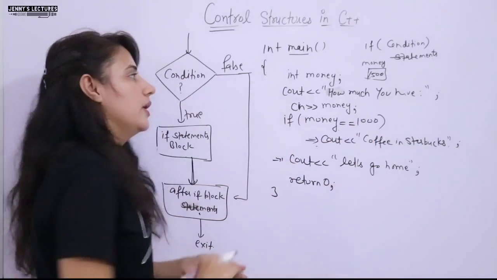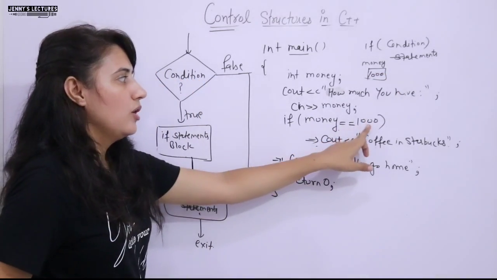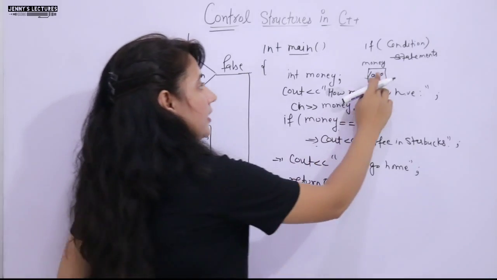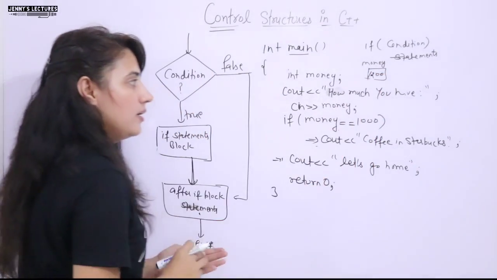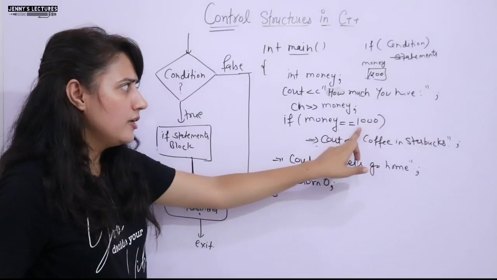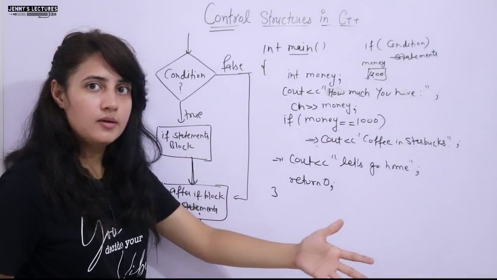Now it is fine. If money is 1000, money is equal to 1000, obviously the condition is true, enter into this, coffee in Starbucks, let's go home. If money is 1200, money equal to 1000, no, the condition is not true. So it does not enter into this block, simply prints let's go home, right?